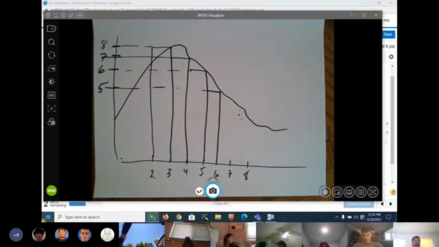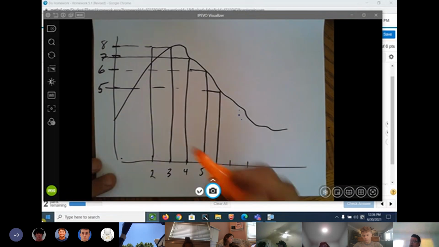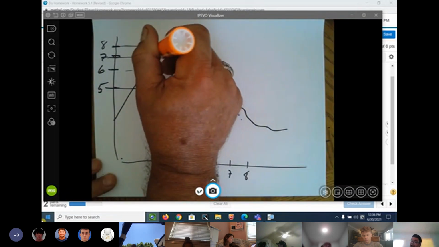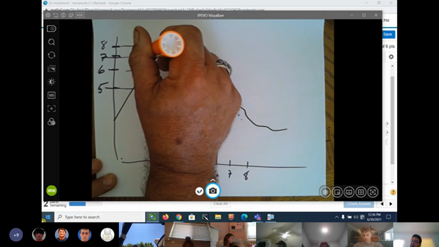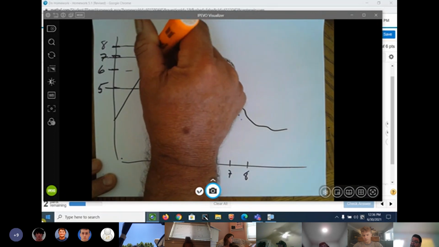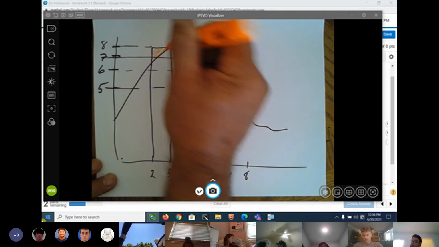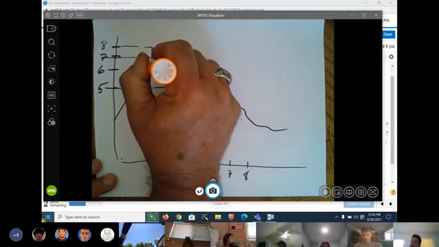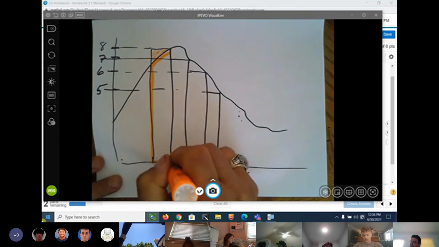So we're going to find this one right here, and the surplus is to the left. Here's the surplus right here, and here's the actual area under the curve.